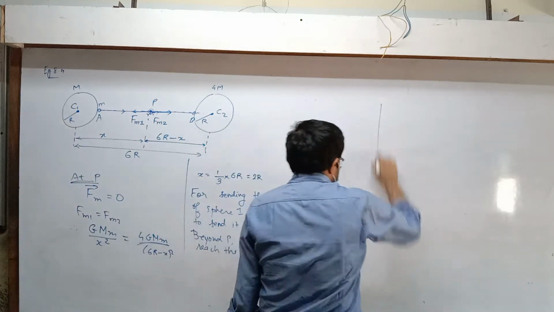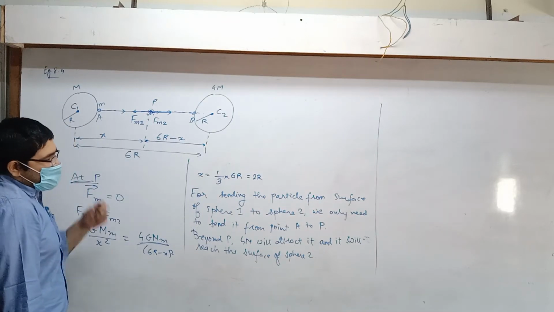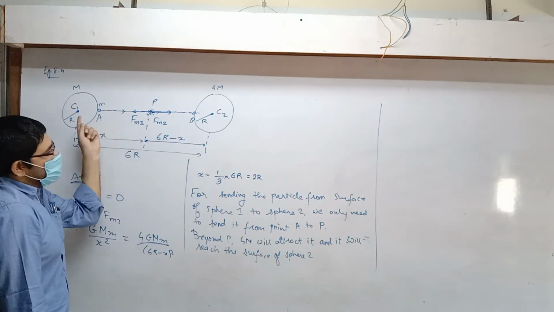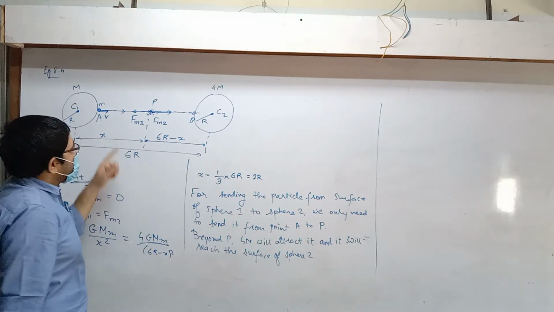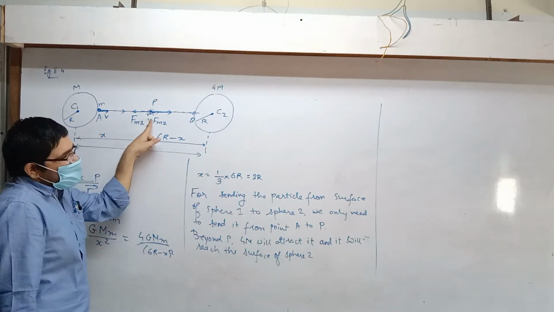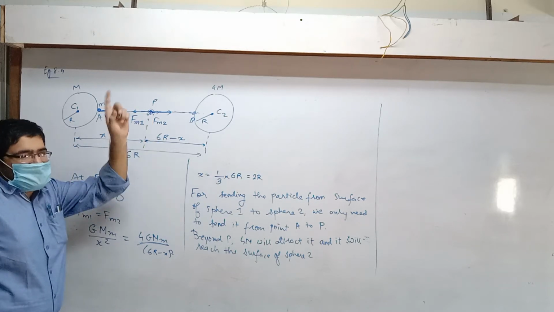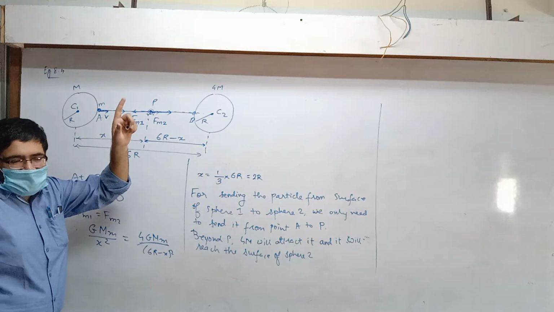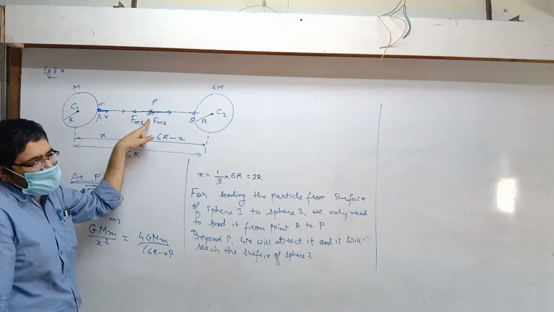Now let's find out how much is the speed with which we need to send it. Let's say we need to send it with the speed v. The initial speed we know, and we just need it to reach here with negligible speed. Just like escape speed, if you remember, at infinity, if you want to find the minimum speed, the speed there should become 0.